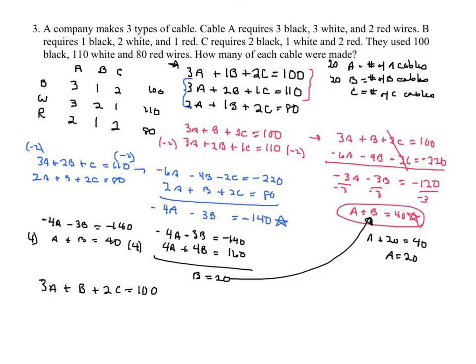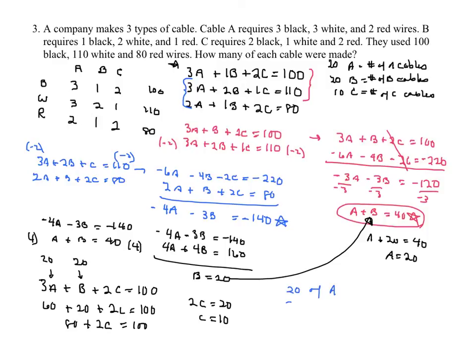So I'm going to pop in 20 for A, 20 for B, and solve for C. So 60 plus 20 plus 2C equals 100. 80 plus 2C equals 100. 2C equals 20. C equals 10. So I need 20 of cable A, 20 of B, and 10 of C.